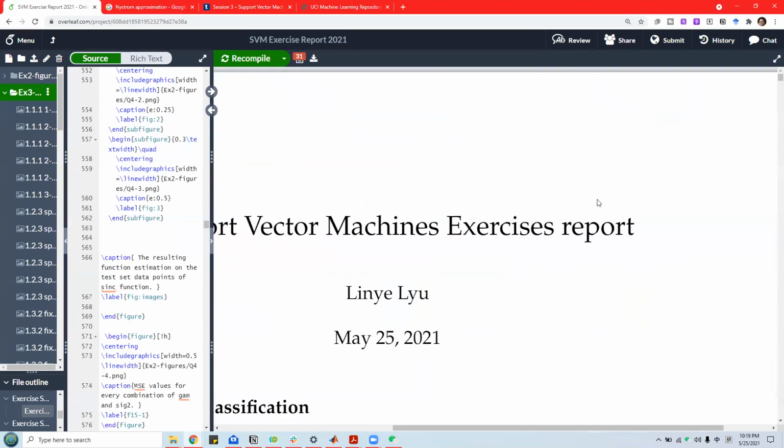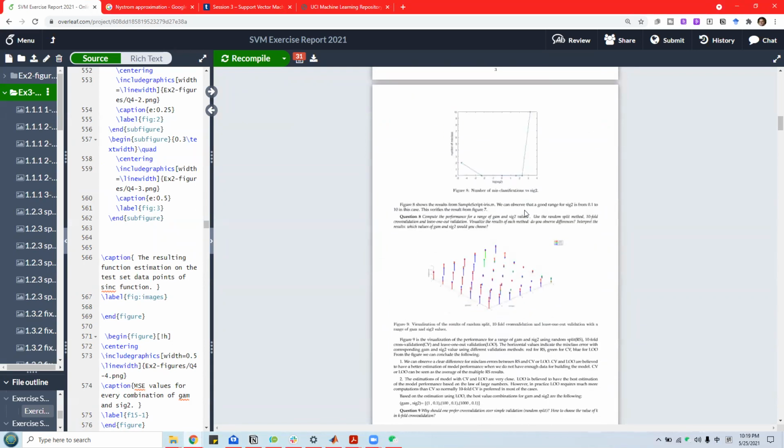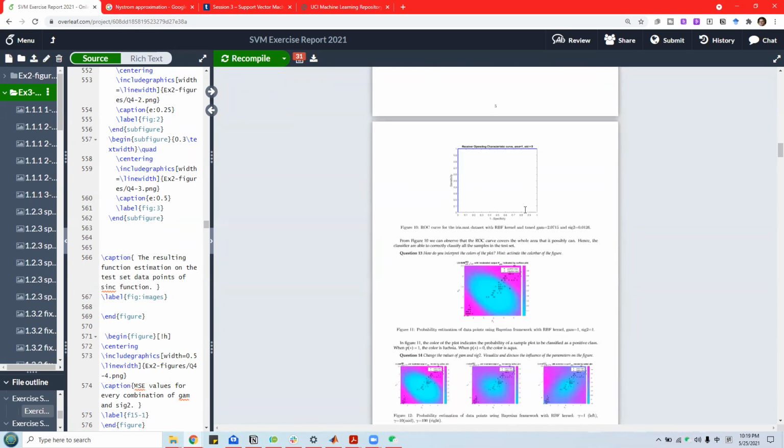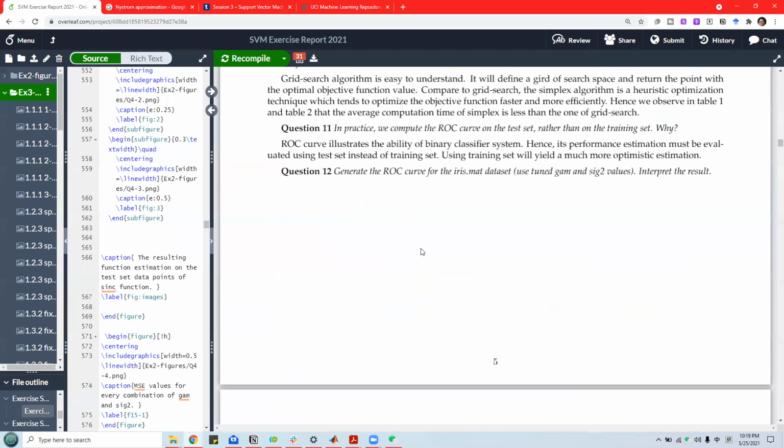You mean you are getting a flat ROC curve? Yeah, if you run it in some way, you get a perfect classifier. Yes, I also get that. Question 12, exactly this one. So it's flat.